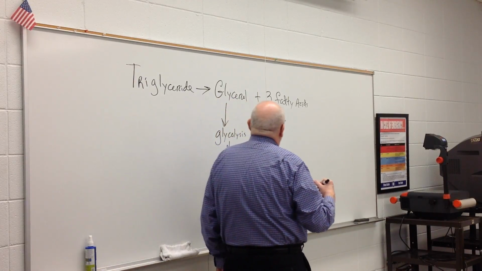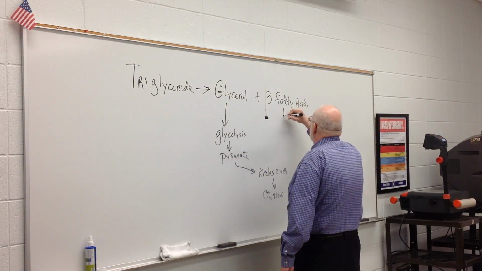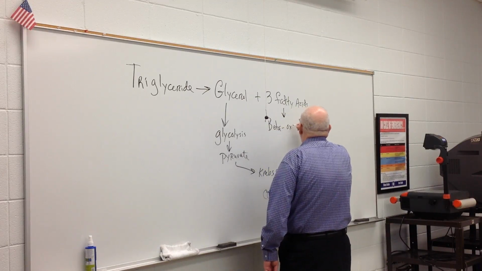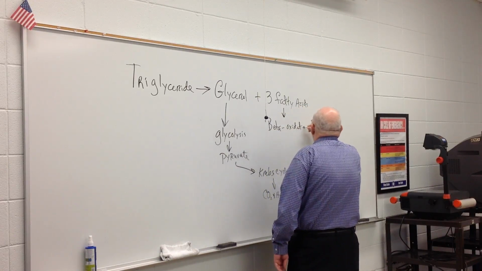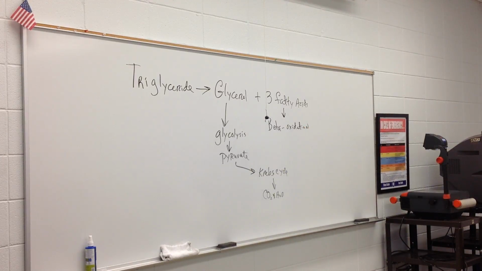All right, now, what about those fatty acids? Well, fatty acids first undergo something called beta oxidation. Now, what that does is essentially break off 2 carbons at a time. All right?